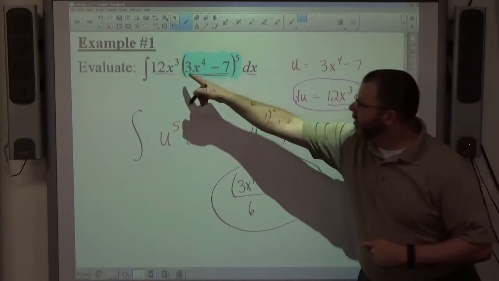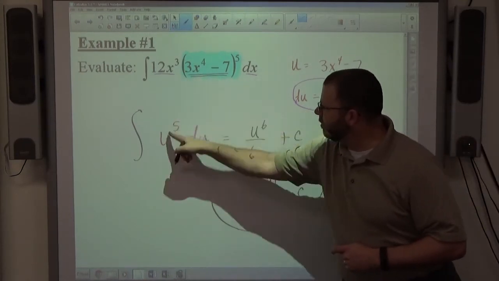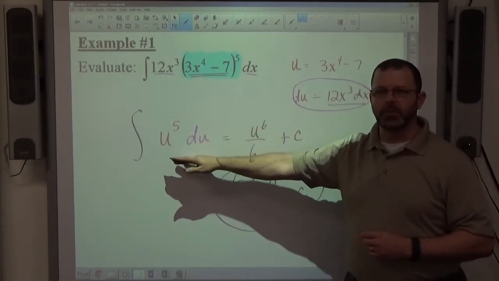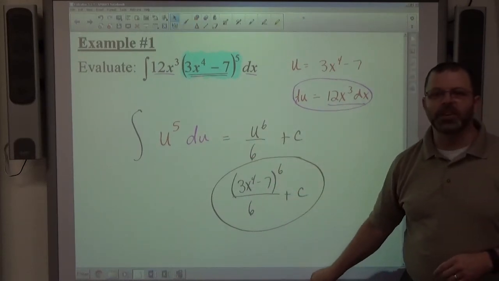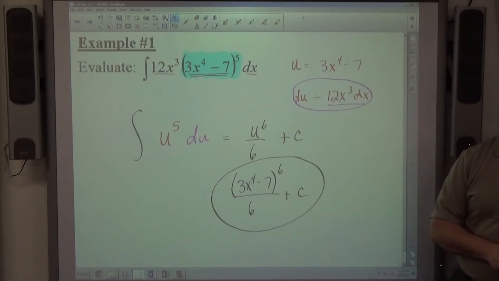So du is right there, u to the 5th is right there. We create a nice simple integral, we do it, then we substitute back in. And when it works nicely, all is well. Makes our life great, and we can be happy about how wonderful these things are. So hopefully they'll be like this all the time.